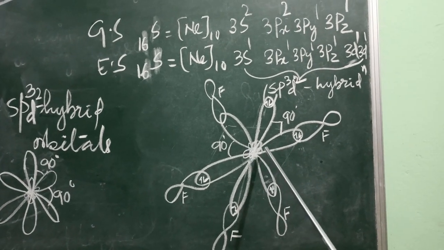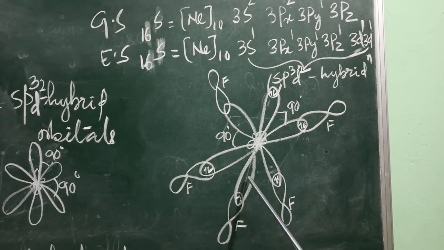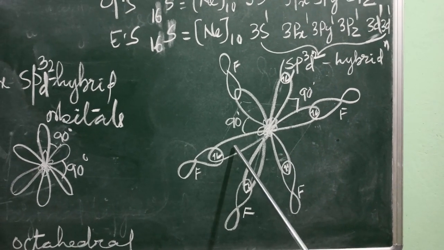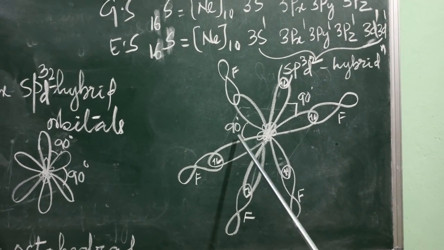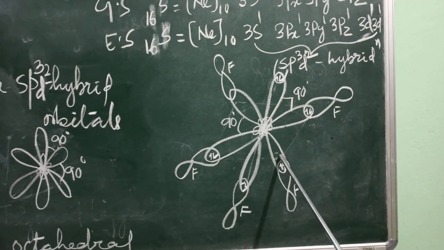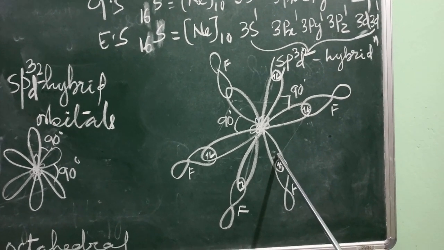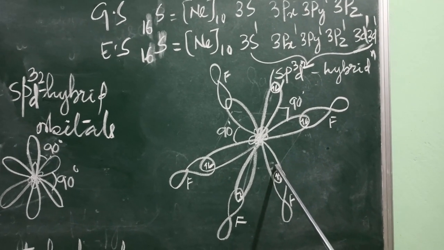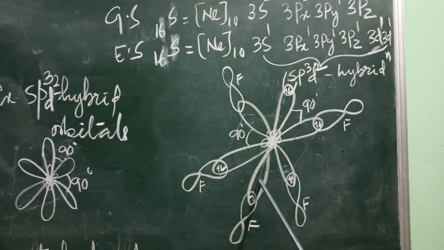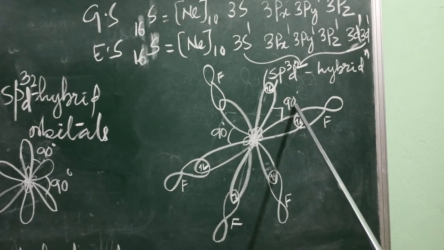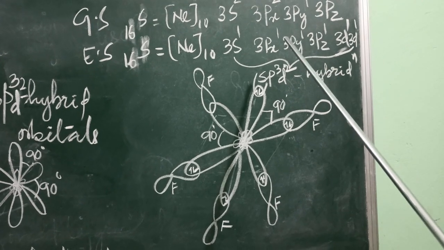You see here the 6 sp3d2 hybrid orbitals are there. These four hybrid orbitals remain in the equatorial plane, making an angle of 90 degrees, to which these two sp3d2 hybrid orbitals make an angle of 90 degrees, remaining perpendicular.